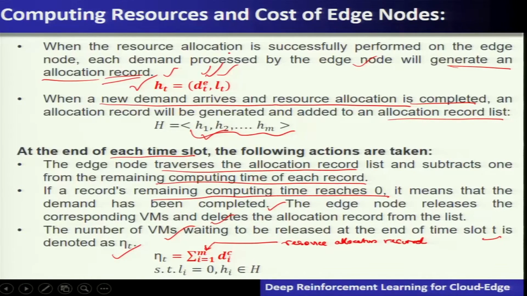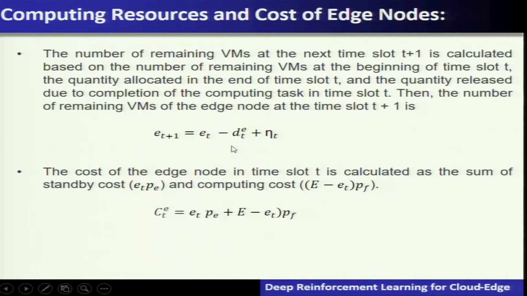It is the summation of all the virtual machines, all the resources which are allocated. Now the number of virtual machines at the next time slot is calculated based on the remaining virtual machines at the beginning of a time slot and the quantity released at the end of the time slot T, due to the completion of computing tasks in time T.